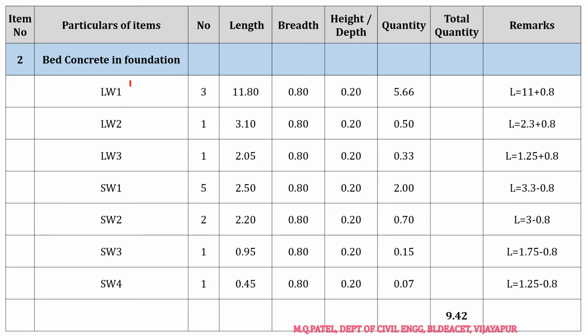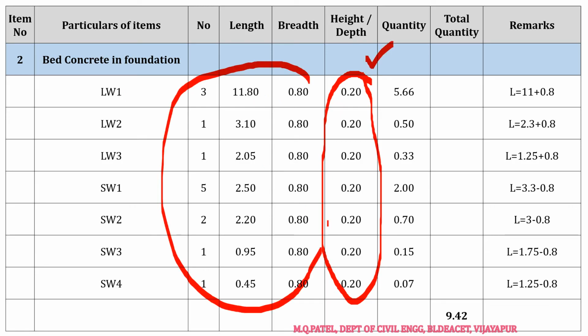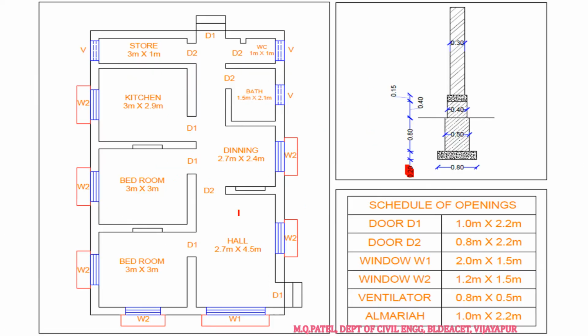Compared to excavation, what is going to change in the bed concrete? Only this depth is going to change, right? This thing will remain the same. Why will this remain the same? Once again I'll repeat: the width of the bed concrete as well as the width of the excavation is the same.